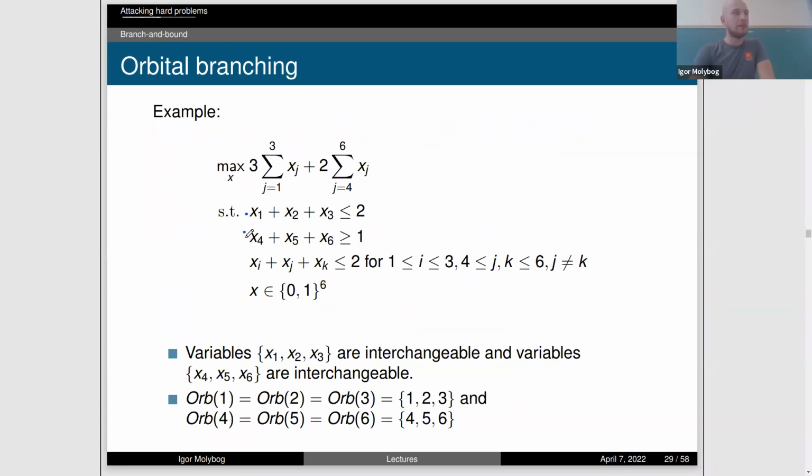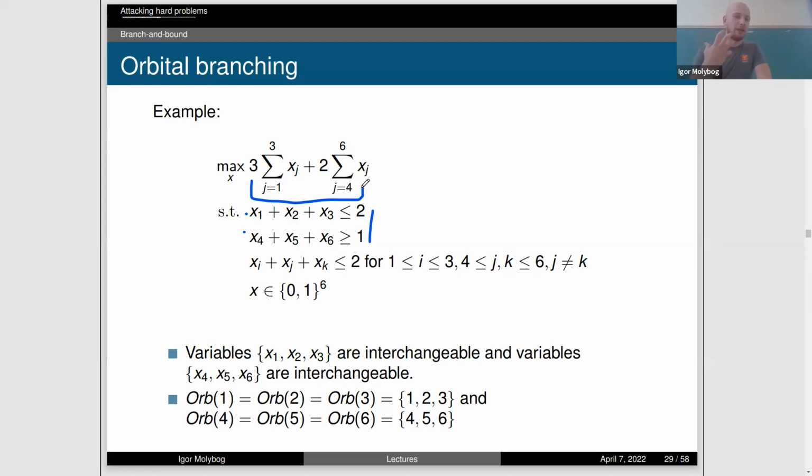You will essentially end up with the same problem, right? They're literally going to be the same things. And the right hand side is not going to change, and then the vector of coefficients in the objective function also will remain the same if you permute the variables.